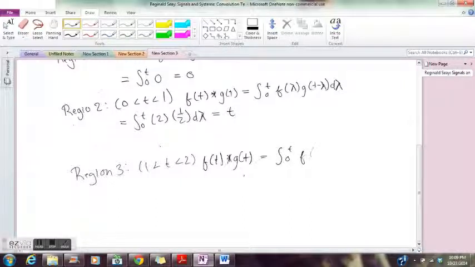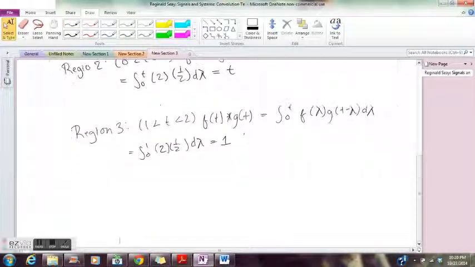And this is equal to the integral from 0 to t of f of lambda times g of t minus lambda d lambda. And then, like I said before, this is equal to the integral from 0 to 1 of 2 times 1/2 d lambda, which is equal to 1. Okay, and that's it for our region 3.